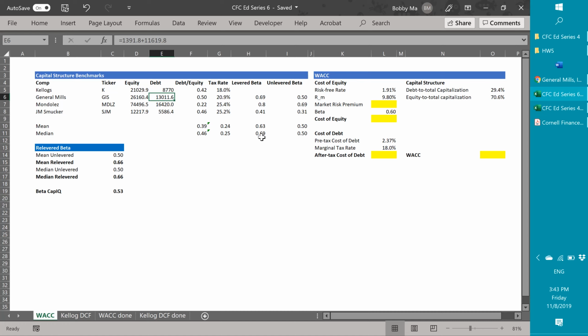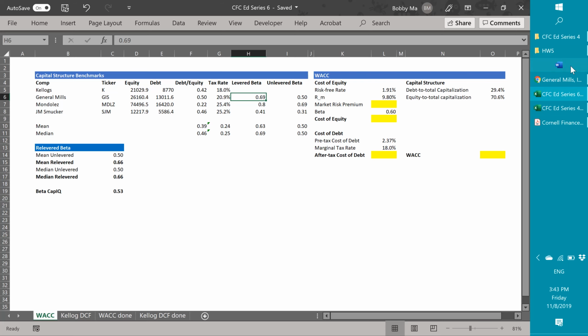So if the S&P 500 goes up 1%, General Mills' levered beta is 0.69.